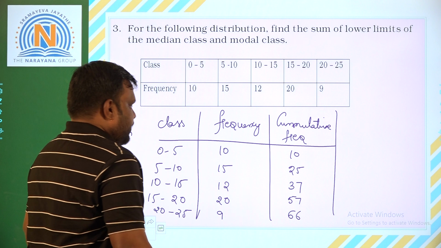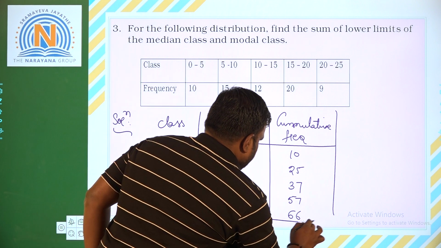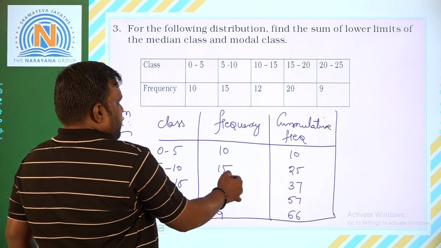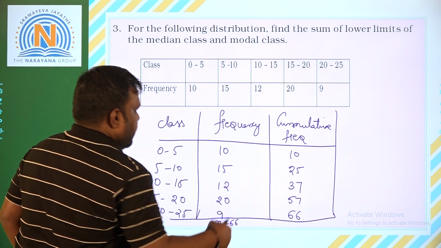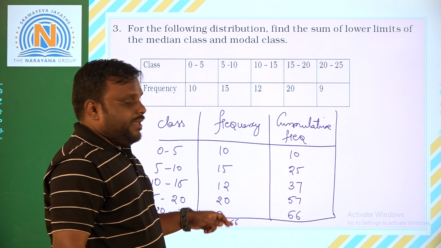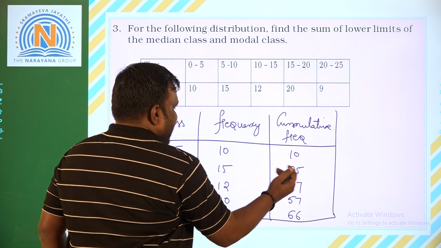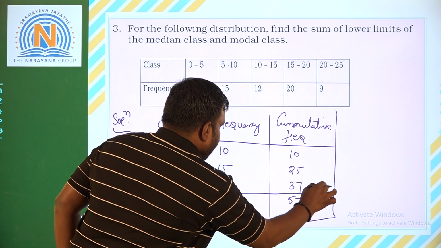Now in this case, the total of the frequencies, the n value we got here, is 66. Now make half of this, then n by 2 will be 66 by 2, that is 33. So the cumulative frequency more than that is 37. So this class is going to be our median class.